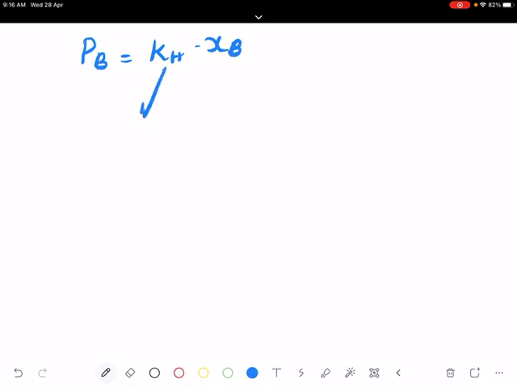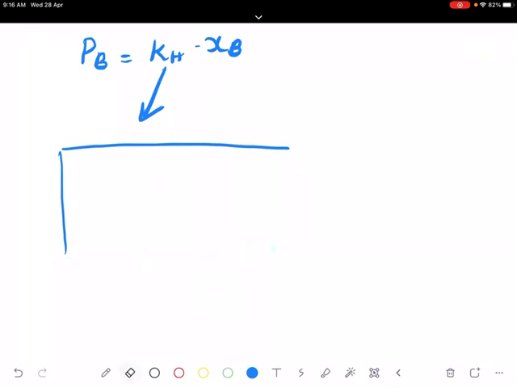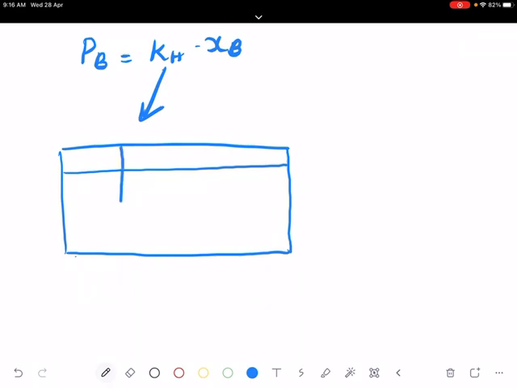Now coming to KH. I told you as KH increases, solubility decreases. Now I'm taking two gases, helium and hydrogen.